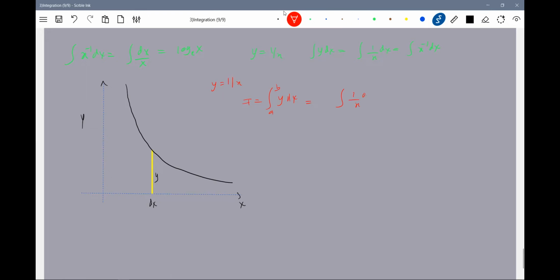So this will be integral of 1 by x dx, limits a to b. Then this will become log x to the base e, from a to b. So the value will be log b to the base e minus log a to the base e. That's the meaning of this.